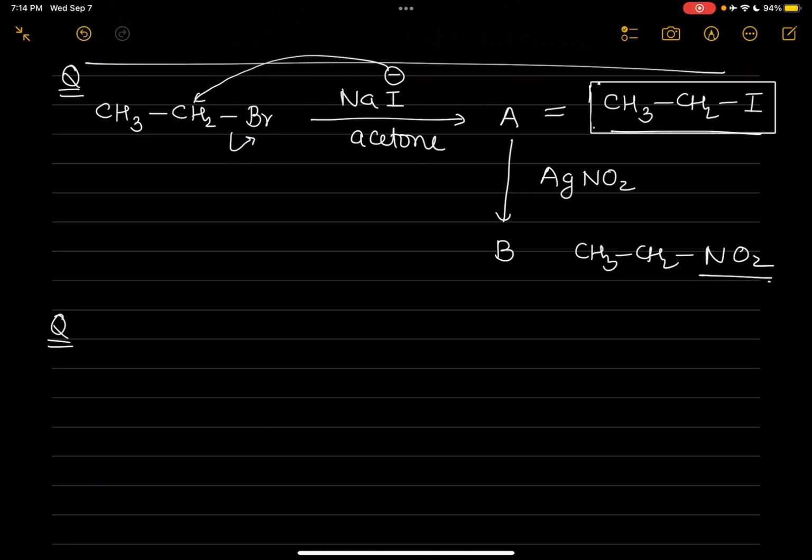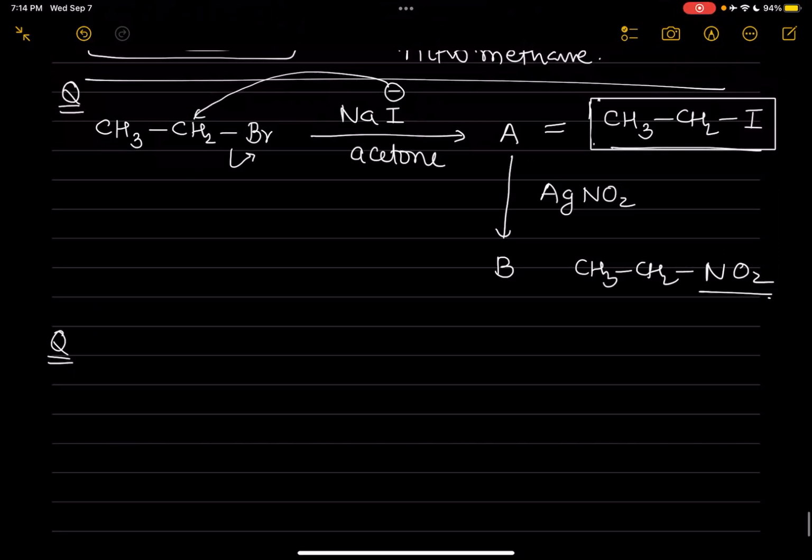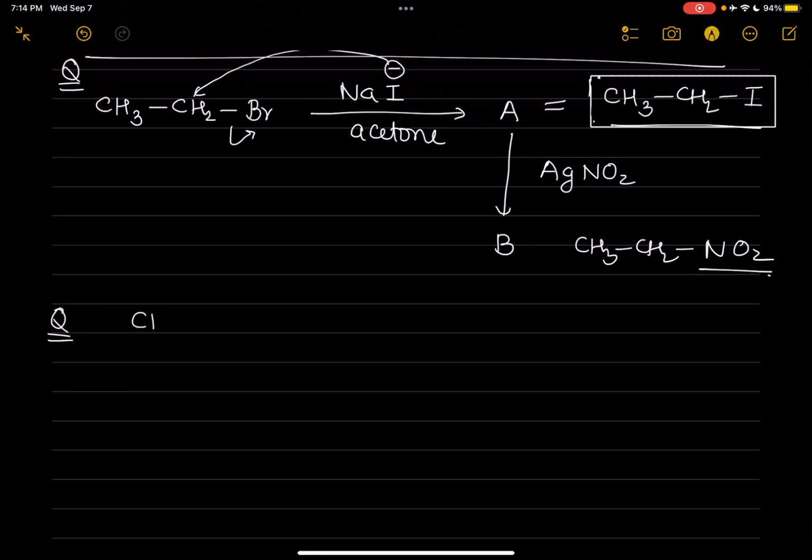This will be used in a lot of upcoming chapters. And suppose you want to make an amine. There are conversions given in the book. Convert ethane to ethanamine. That would be CH3CH2NH2.